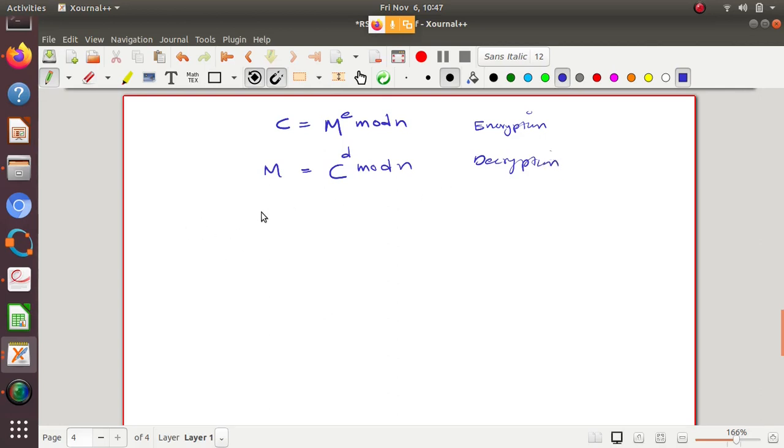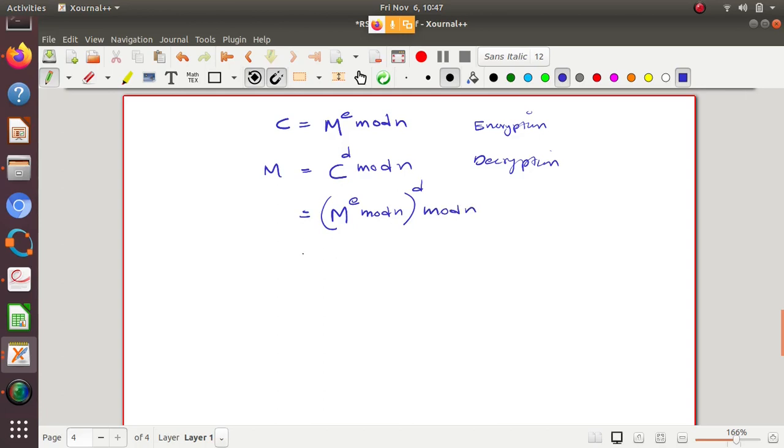Then we have some other result. Anyhow, this is C to the power D mod n. What is C? M to the power E mod n, this is our C, whole to the power D. So we are substituting for C, then mod n.